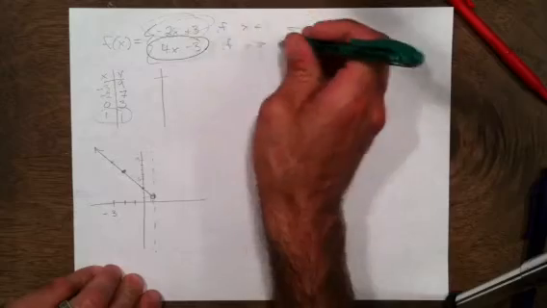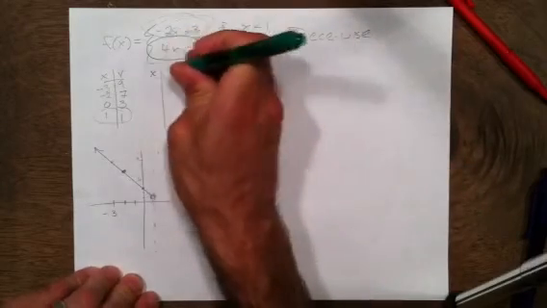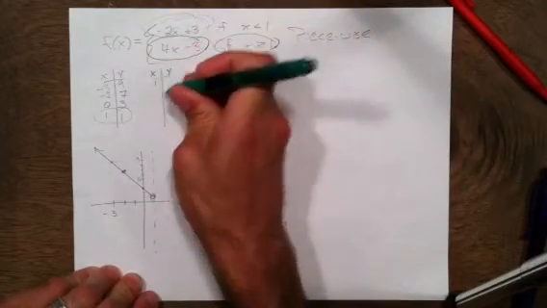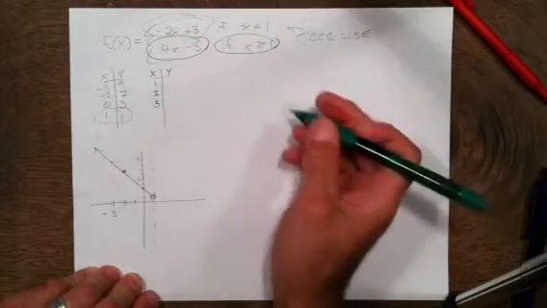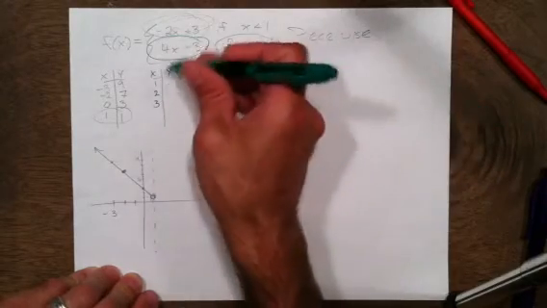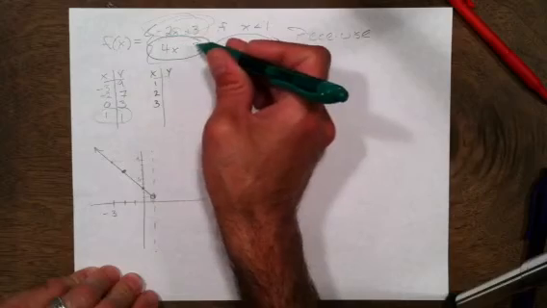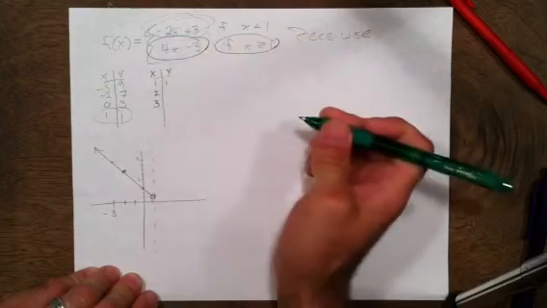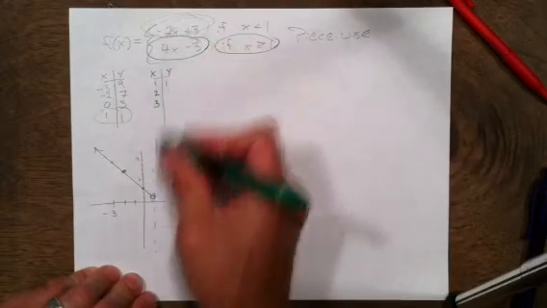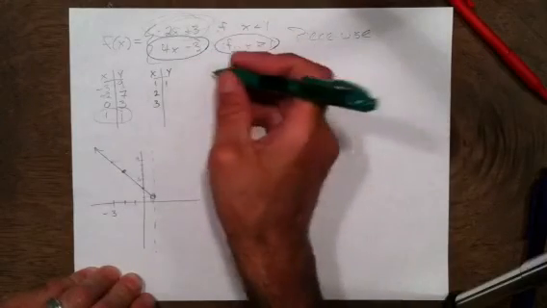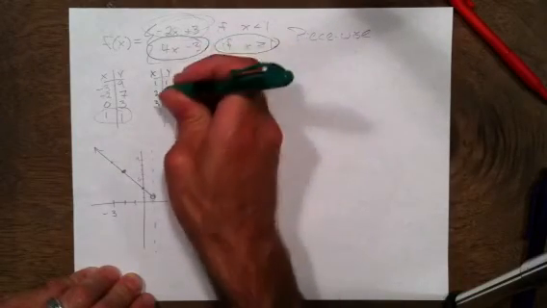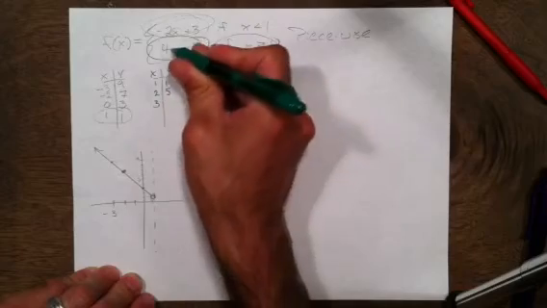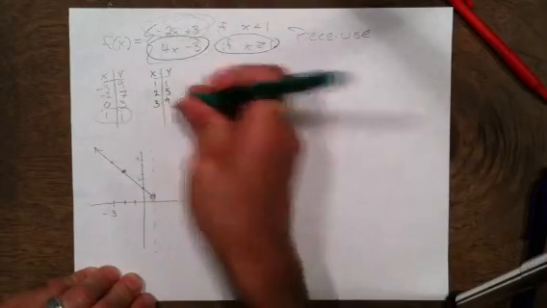Alright, other part, let's graph this part. I can graph that part if x is greater than or equal to 1. So in the second part of the table, I'll start at 1, 2, 3, and plug them in. Plug in 1 there. 1 times 4 is 4, minus 3. Oh, look at that, I still get the point 1, 1. Sometimes the pieces do meet at the same point, sometimes they don't. 2 times 4 is 8, minus 3 is 5. 3 times 4 is 12, minus 3 is 9.